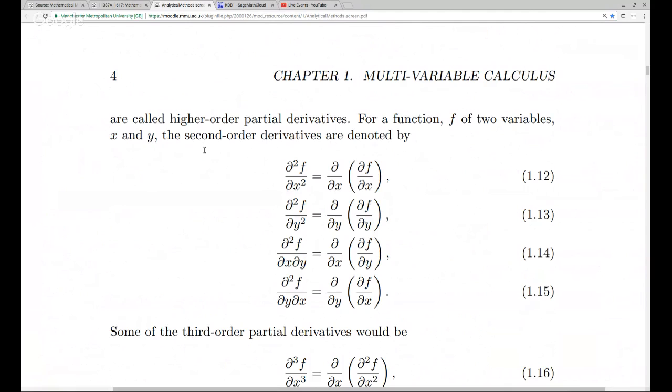On the left-hand side is the more compact notation that we use. We use the superscript 2 to denote the fact that it's second order, so d2f dx squared denotes differentiating with respect to x both times, similarly for y. Then we have these so-called mixed second order partial derivatives, mixed because you're mixing up the y and x derivatives.